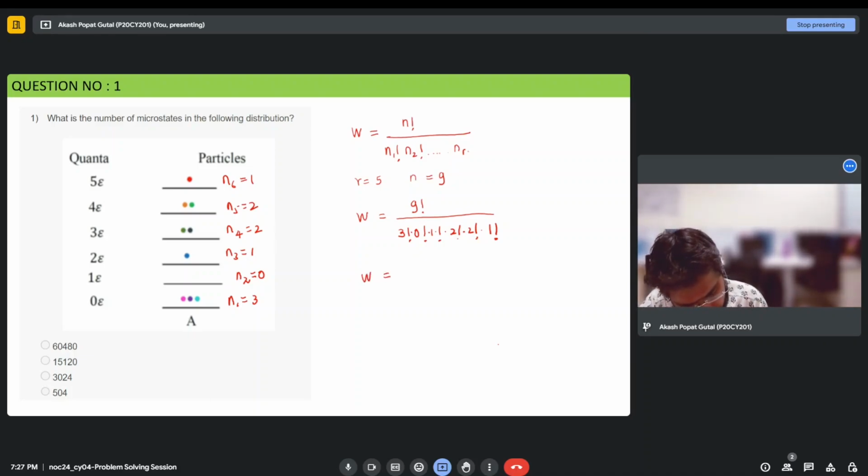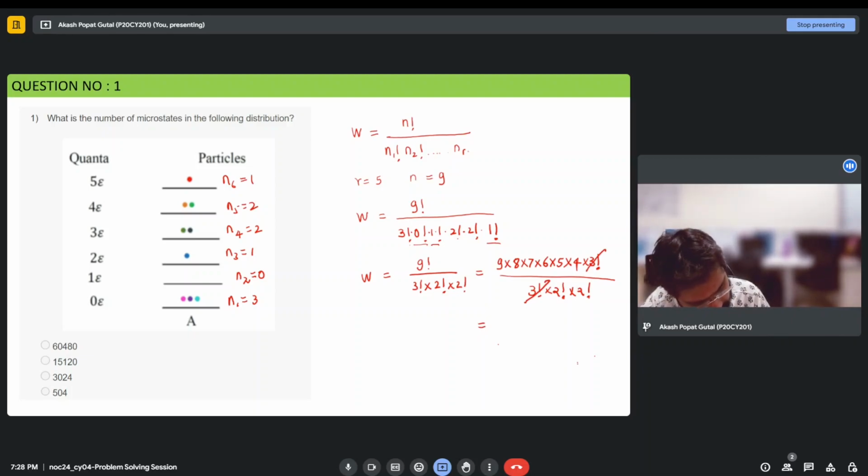So W is equal to, so the 0 factorial and 1 factorials will be 1. So then we will be having 3 factorial into 2 factorial into 2 factorial. This can be written as 9 into 8 into 7 into 6 into 5 into 4 into 3 factorial divided by 3 factorial into 2 factorial into 2 factorial. 3 factorial gets cancelled.